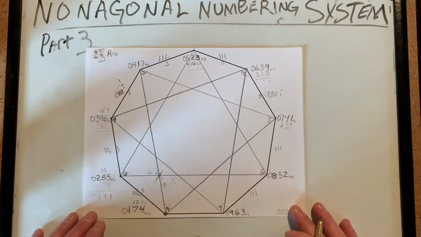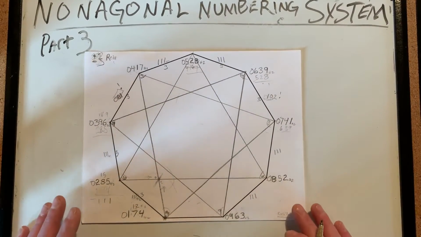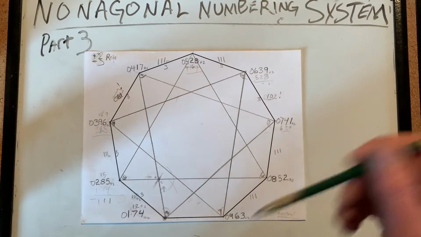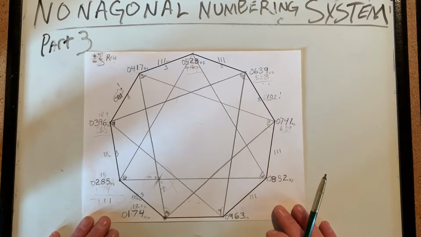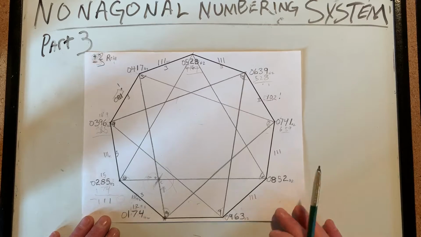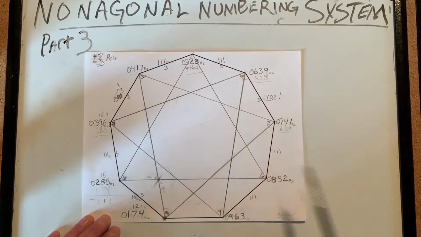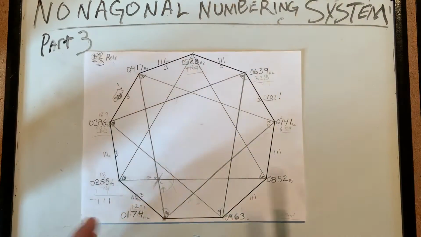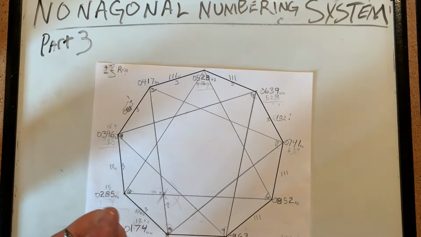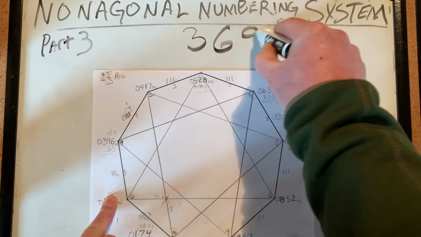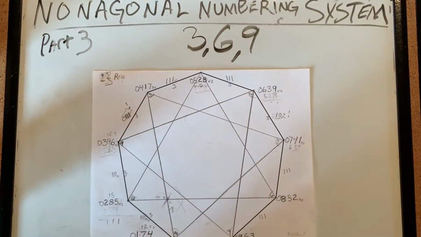So the vortex-based mathematics community has done a lot of calculations on this nonagon. And I think they just fail to recognize that the pattern exists on the outside as well. And you could see once we start to understand 3, 6, 9s, we can start to see how energy moves.